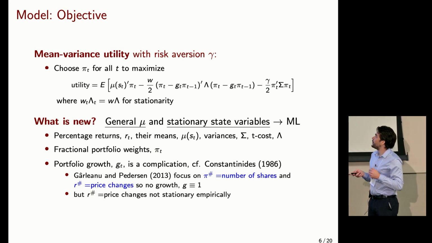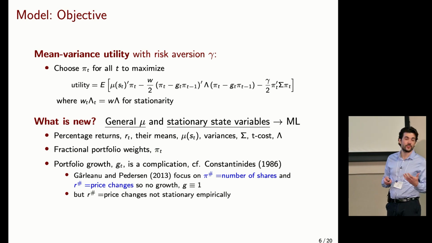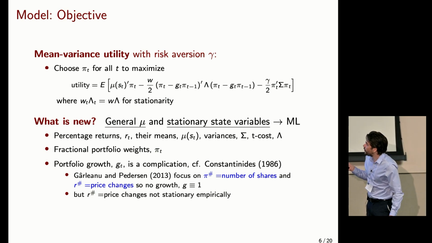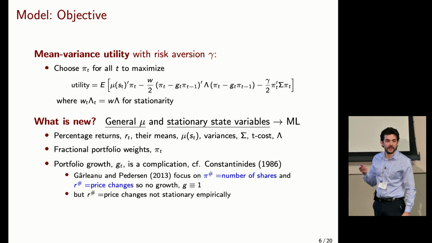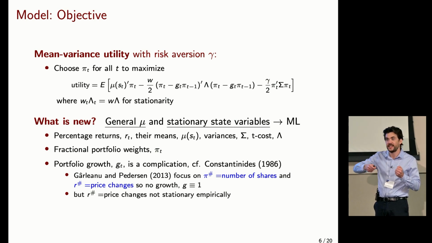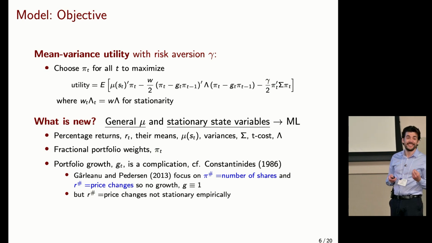The second thing is that we are considering stationary state variables such as percentage returns and fractional portfolio weights, and this makes this specification well suited for machine learning. Now, as I said before, this portfolio growth, like thinking about how the returns of the underlying stocks change the portfolio that you inherit, is actually a significant complication.